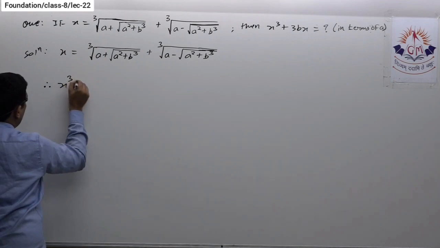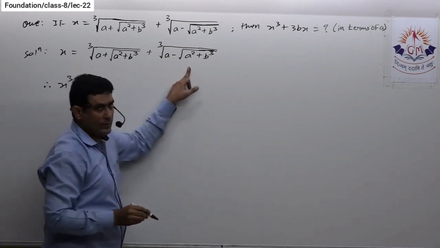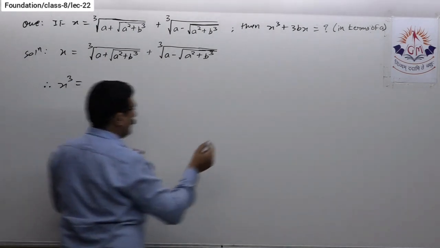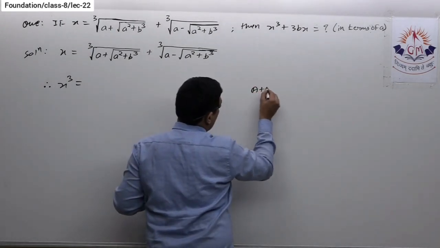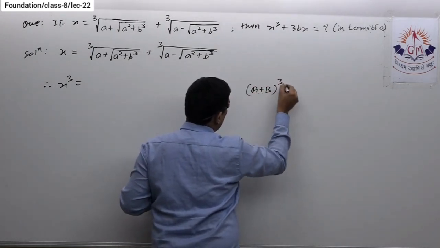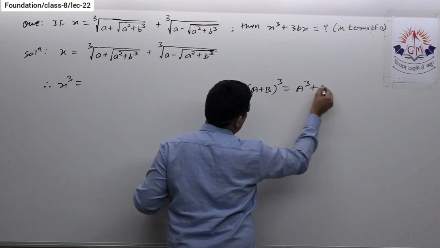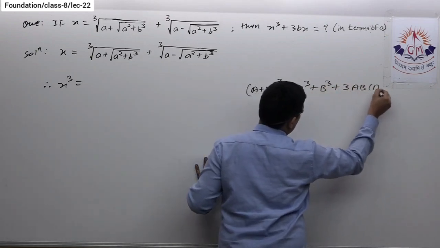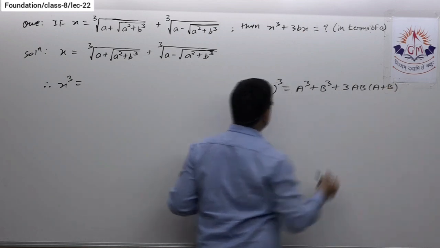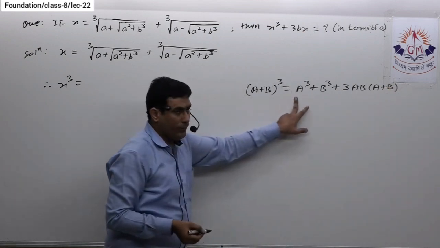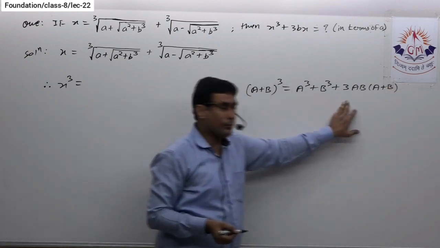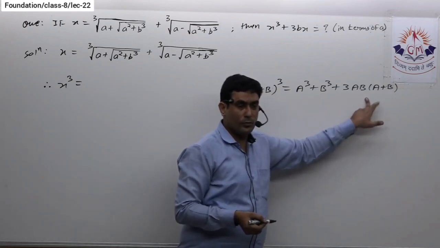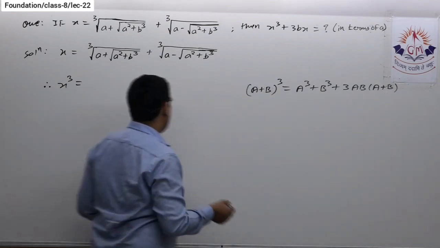So here x cube. Now when I make cube of this, if I apply the identity of a plus b whole cube, I should get a cube plus b cube plus 3ab into a plus b. That means cube of first plus cube of second, then 3 times the product of those two and then multiplied by sum of those two.